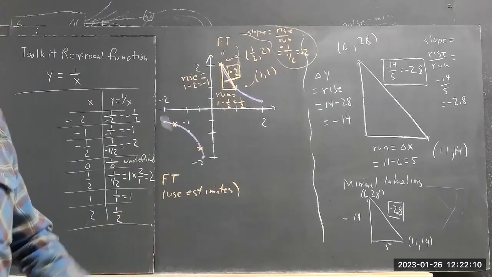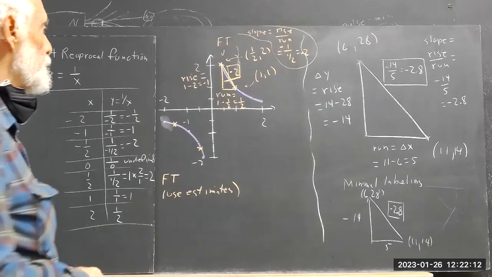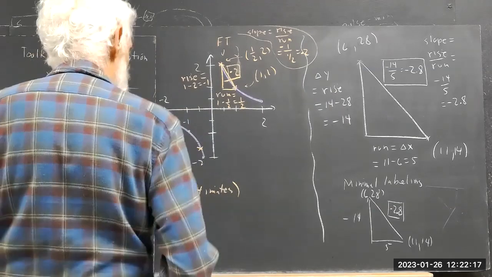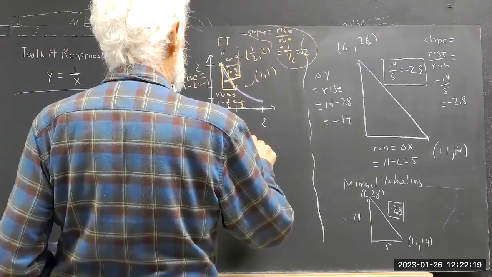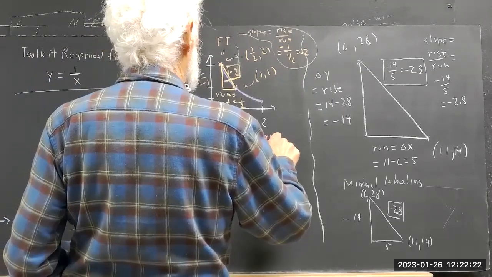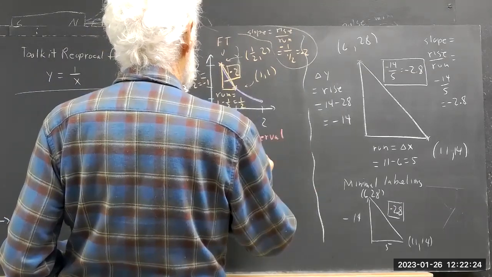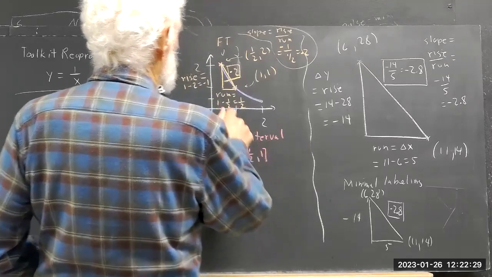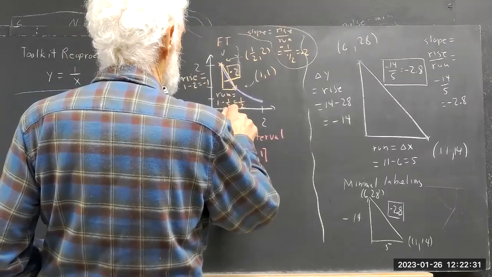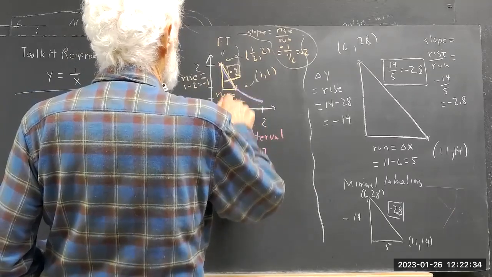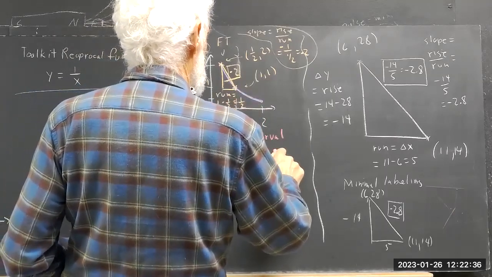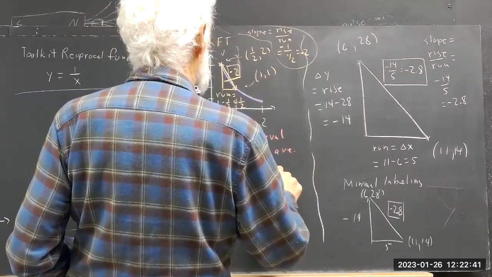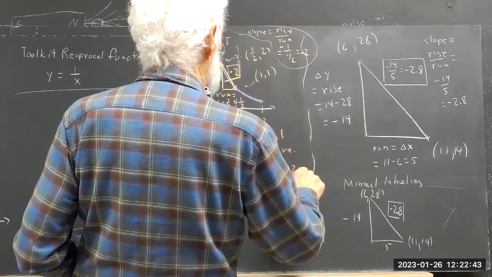Okay, and then the thing is, the interval where x goes from 1/2 to 1, there's your interval, 1/2 to 1 corresponds to that run. Average rate of change is -2.